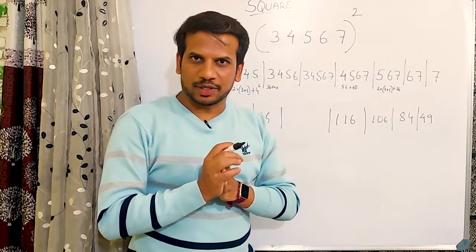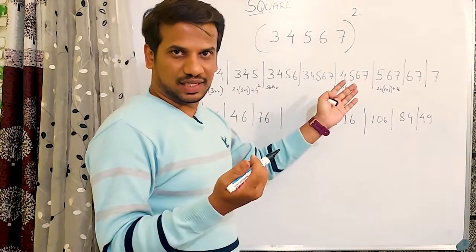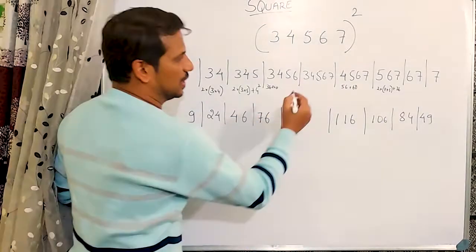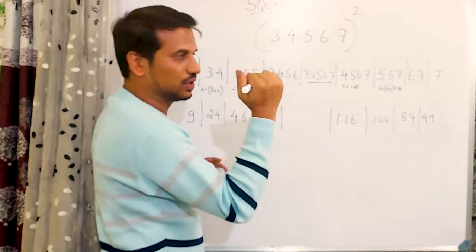So let's use the duplex method to find the square of a 5 digit number. For convenience, since we have seen the steps earlier for a 4 digit number, it's pretty similar. But the thing is, we need to find the duplex of 3, 4, 5, 6, 7. Rest all remains the same as the 4 digit number.